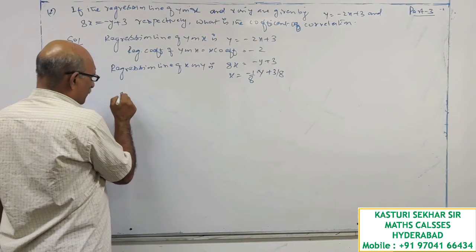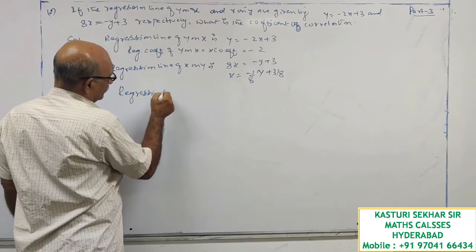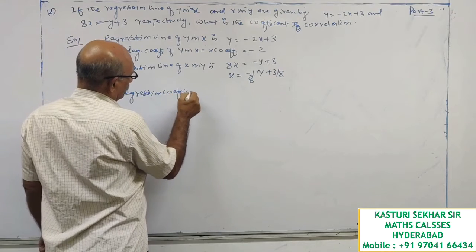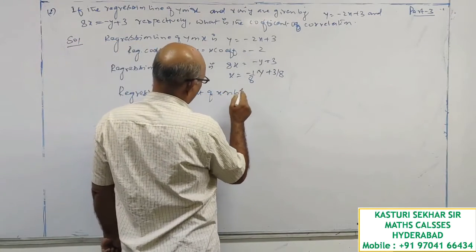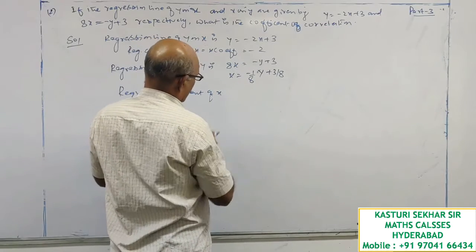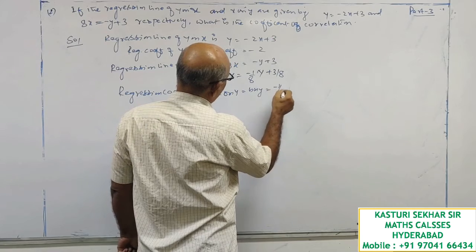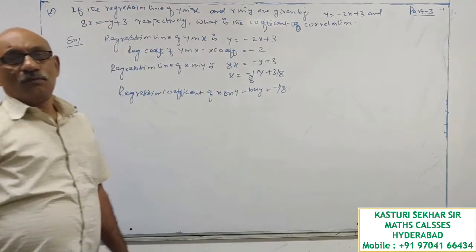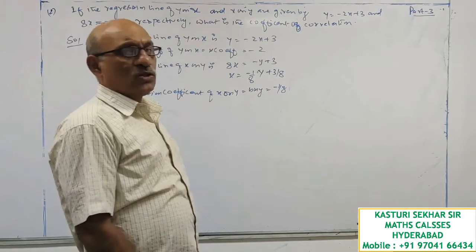So the regression coefficient of x on y, bxy, is minus 1 by 8. Both the regression coefficients have the same sign and both are negative.